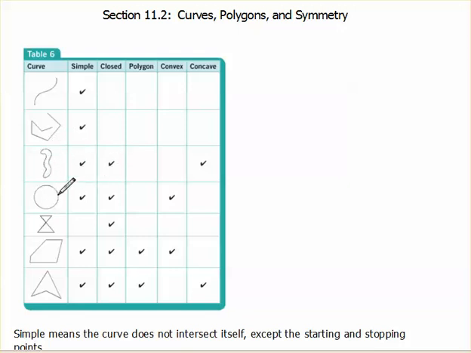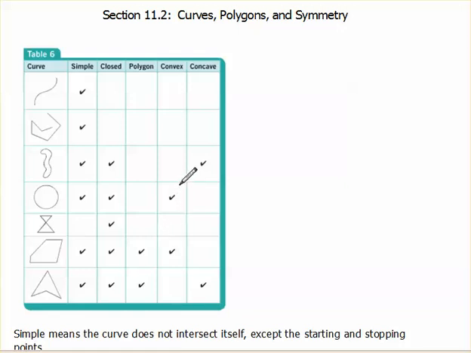This one is not made up of line segments, it's not a polygon. This one was not both simple and closed, so we can't even talk about it being a polygon. These two are both polygons because they are simple and closed, and each one of them is made up of a bunch of line segments that are joined together.